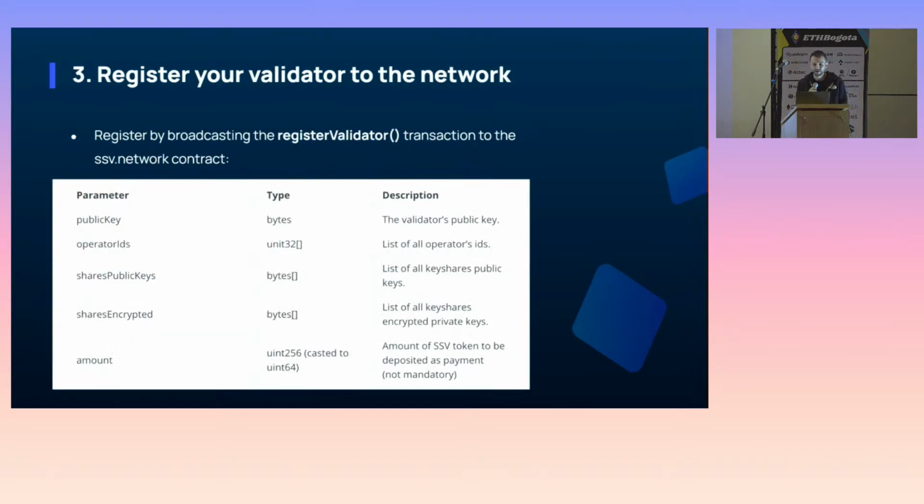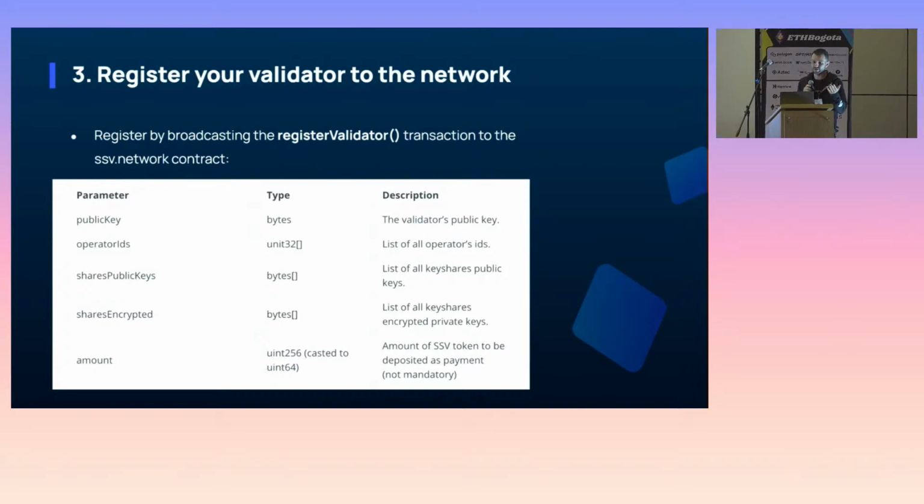You will need that for registering the validator to the network. Then the main function, register validator on our contract, expects the validator public key which you have, the operator IDs that you chose from the Explorer, the shared public keys and encrypted keys, which are the output from the CLI or SDK, and the amount of SSV that you want to fund your validator with, to pay the operators that you chose.